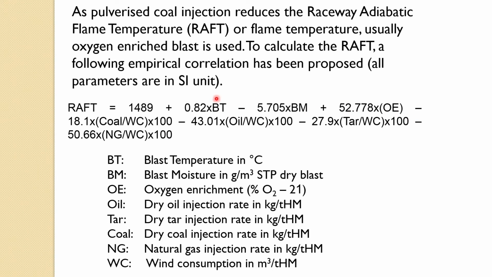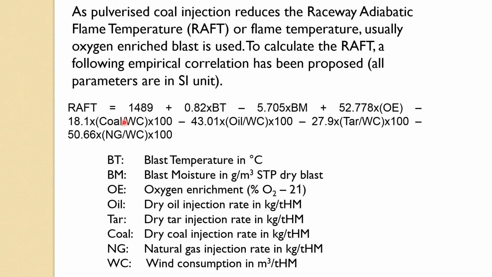So, BT is blast temperature, BM is the blast moisture content in gram per meter cube, O is oxygen enrichment. So, whatever, like 25% when we said, essentially you are putting a 4% oxygen enrichment, because 21% is already present in the air.